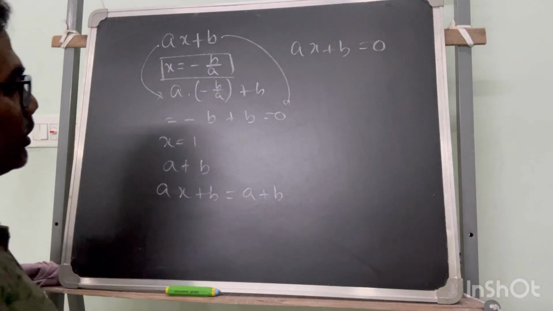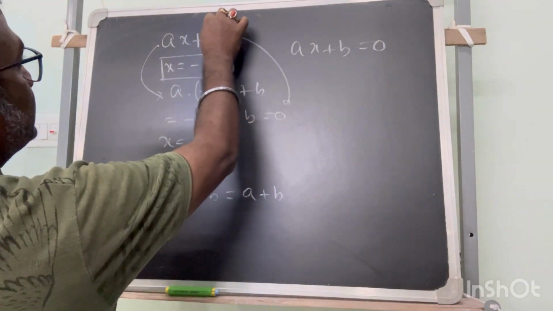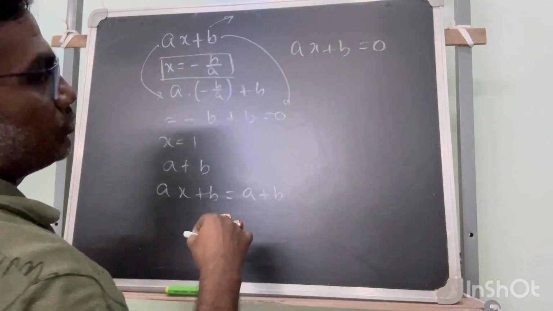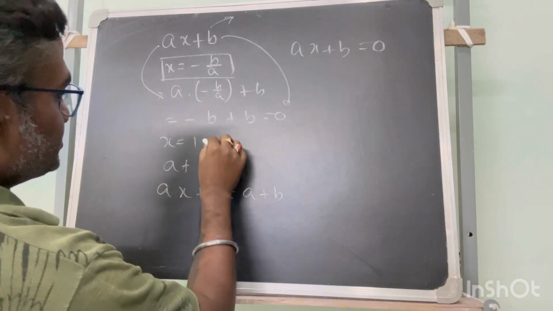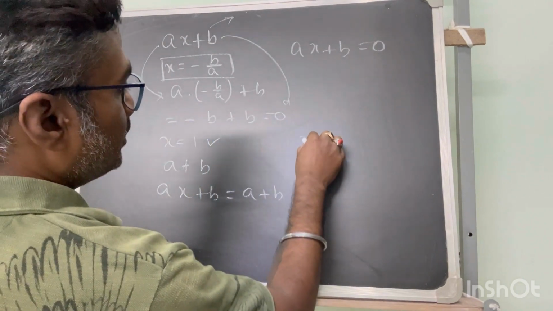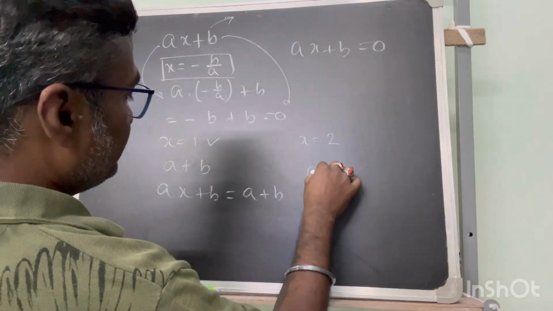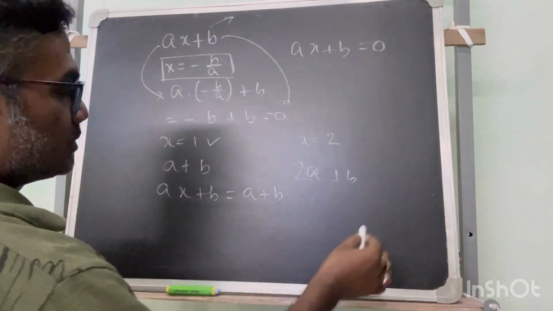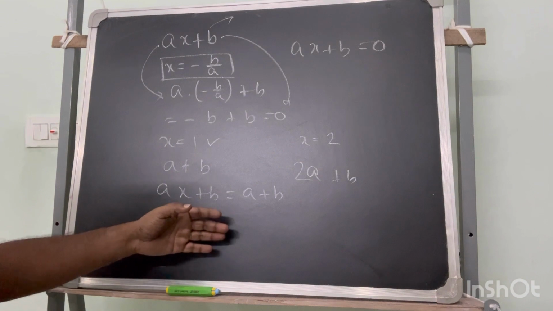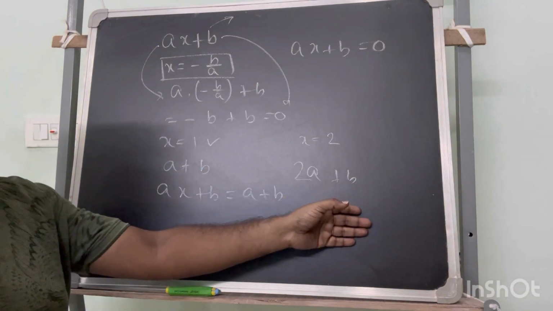But what I mean to say is that this expression can take any value of x. If you put x equal to 1, you get a plus b. If you put x equal to 2, you get a different value, 2a plus b. And for any further value of x, there will be a different value altogether.